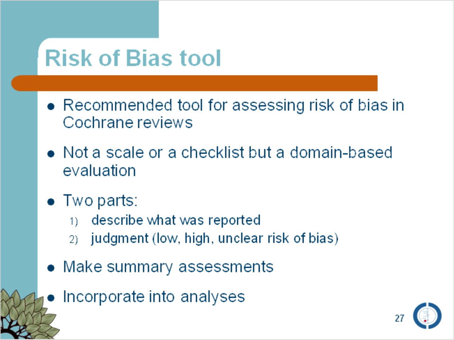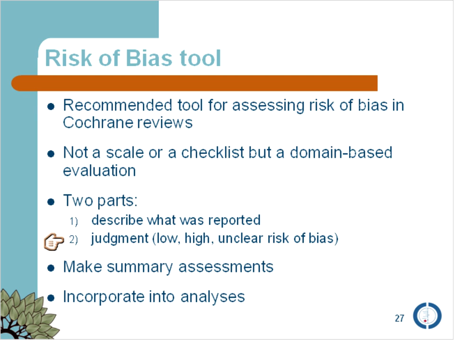So it's not a scale or a checklist, but it's a domain-based evaluation. And what I mean by that is for each item in the tool, you describe what was reported, and you can add other items in there. So if you have other information surrounding it, you're familiar with trials that this particular investigator has done in the past, or maybe you followed up with the author and they provided more information to you, then you would explicitly enter that into that field of the risk of bias tool, and then you make a judgment.